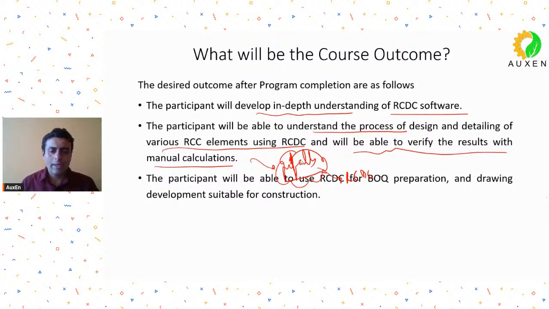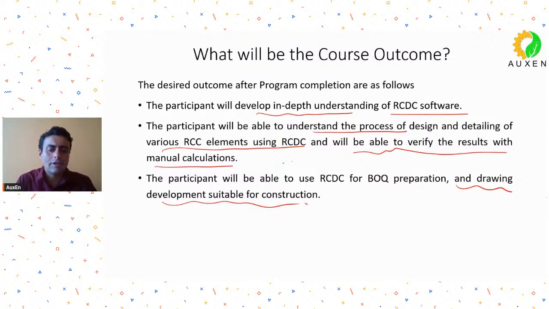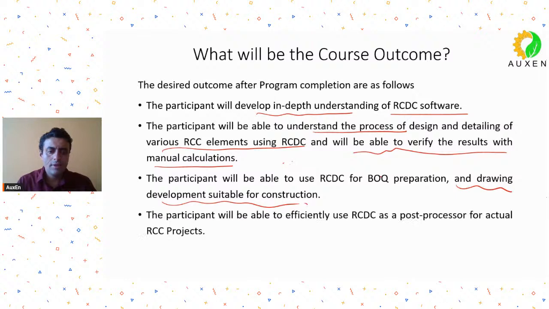Through this course, the participant will be able to use RCDC for BOQ preparation, and use the drawings, which after some minor tweaking, you can use as a part of your own project also. That will be one of the expected outcomes from this course.